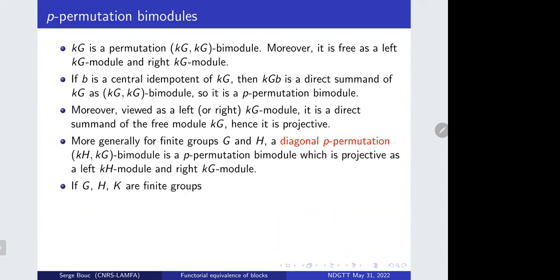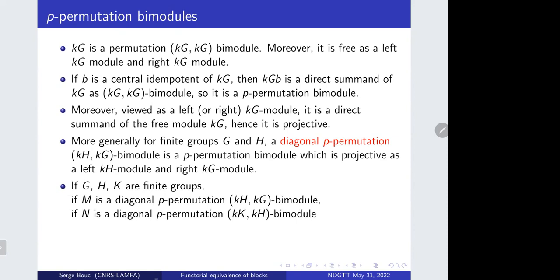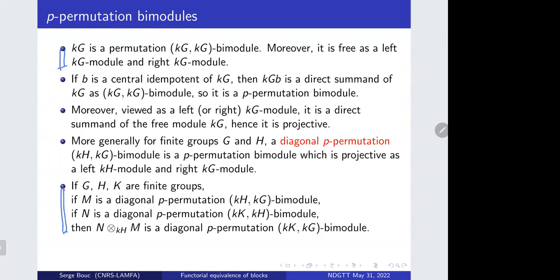Now, suppose we have three finite groups G, H, and K. We can consider such a bimodule M for H and G, and such a bimodule N for K and H, and try to tensor them over KH. One can show easily that this tensor product is again a diagonal p-permutation bimodule for K and G. If we look at what is written on the slides, we have two important things, the last point and the first one.